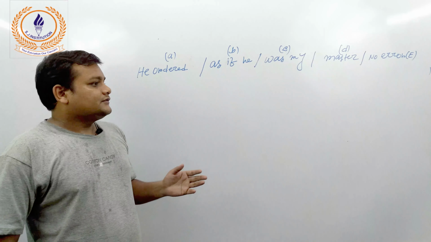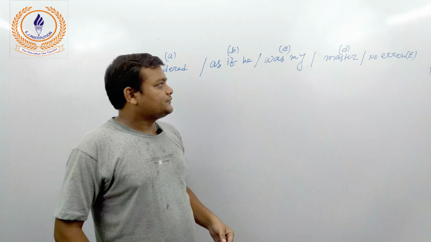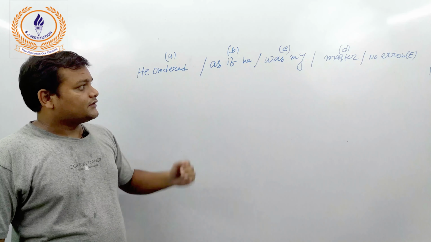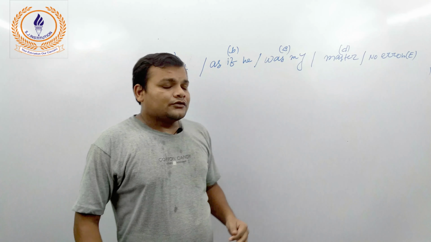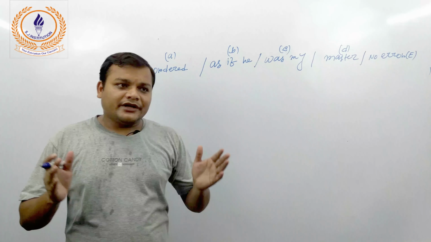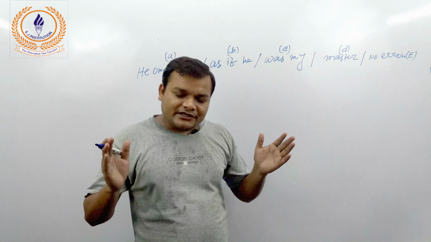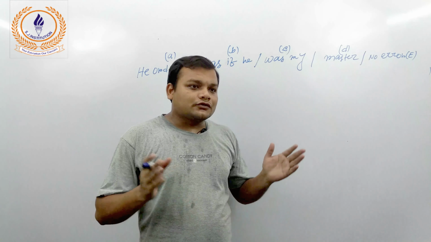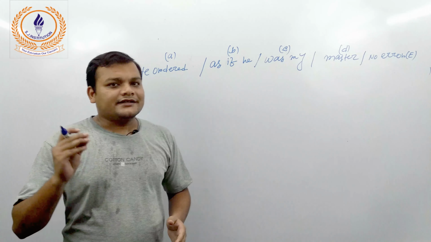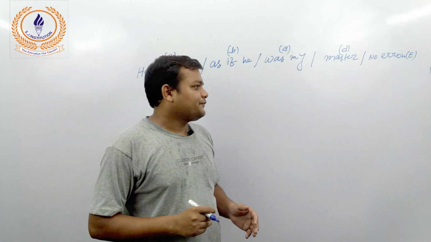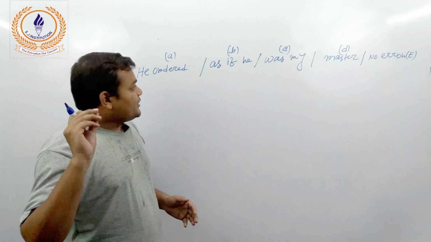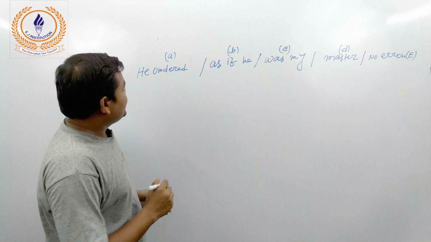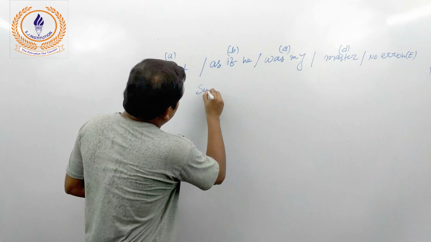Now candidates are to go through the rules to solve these questions. Today in this class, I will make you familiar with some basic rules related to it to solve such questions in the easiest and smartest way. My today's topic is subject-verb agreement.